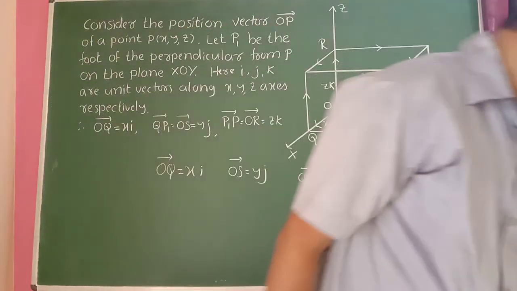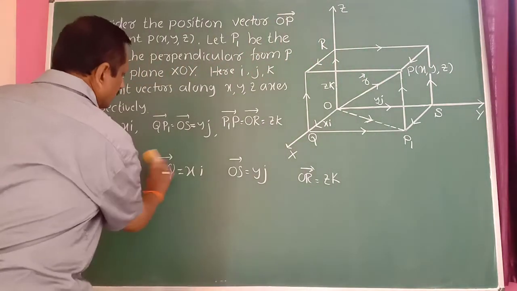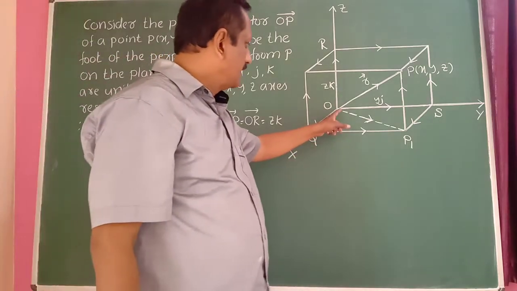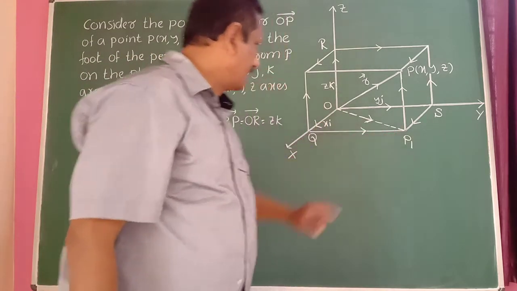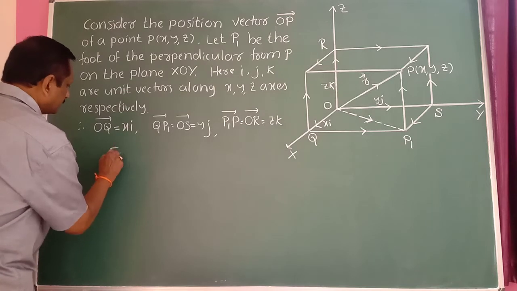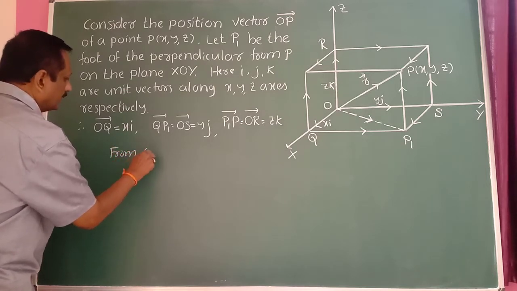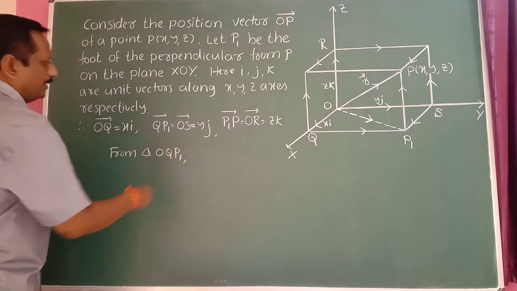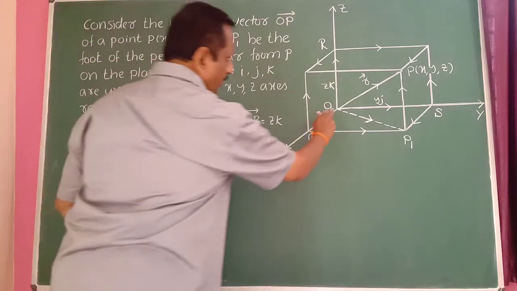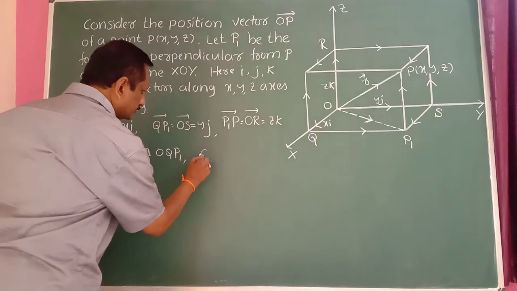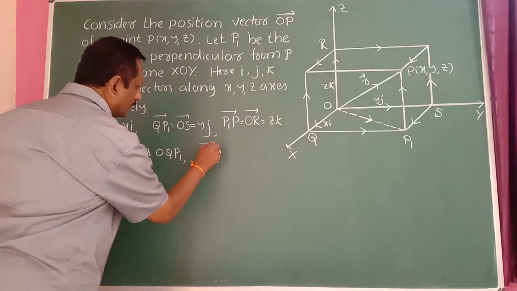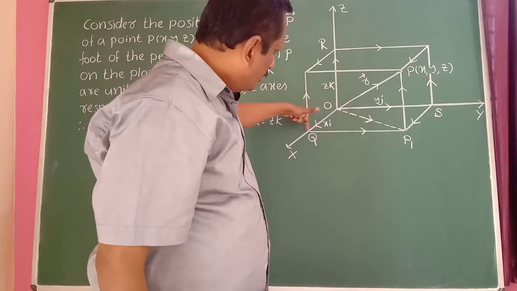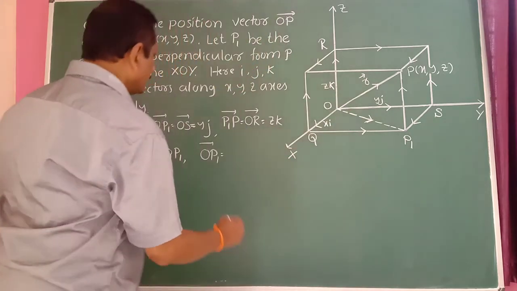Next, you know the triangle law of vector addition here. So according to the triangle law of vector addition, just observe the triangle OQP1 here. So from triangle OQP1, OP1 is equal to OQ plus QP1.